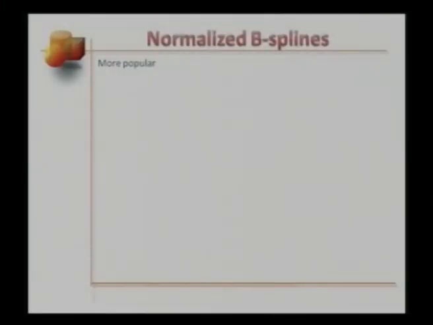Now let's move on to normalized basis splines or B-splines. Of course, they happen to be more popular than Mki(t). The only difference between the normalized basis spline Nki(t) and Mki(t) is this factor here.